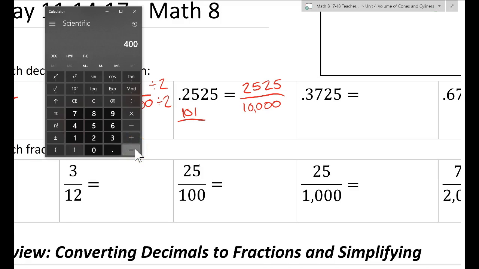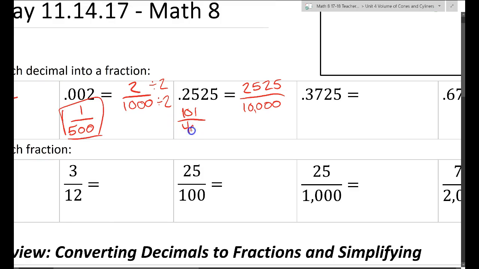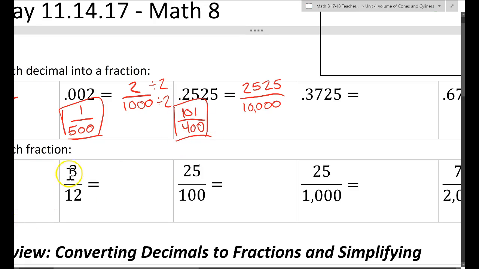I get 400. And I don't believe I can simplify that any further, so I'm going to leave it there. Again, that's just a strategy by which you can do this.